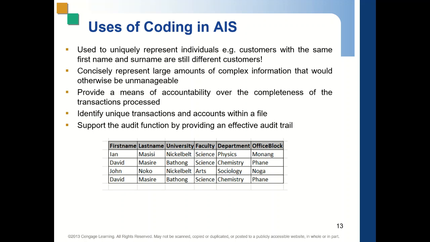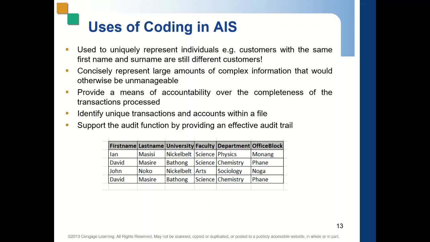How do we tell them apart? Well, typically we would use a code of some sort, a code that would allow us to uniquely represent each individual. So in this case, we are thinking, of course, of an ID. If you are dealing with customers, you would have a customer ID that uniquely identifies a customer. So when we say the customer with ID KK24, then we know that KK24 is unique and it uniquely identifies this particular individual.